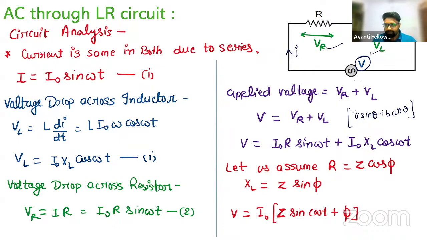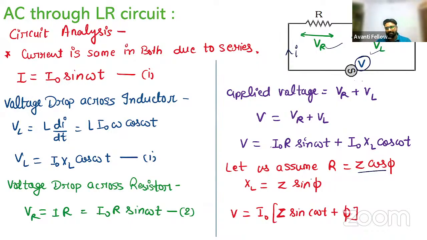You will take these coefficients and assume them as Z sin phi and Z cos phi, so that you make a formula type of thing, like sin A plus B or sin A minus B. Here I naught is common, so we can take it common. Only R and XL are here. So we represent R as Z cos phi and XL as Z sin phi.